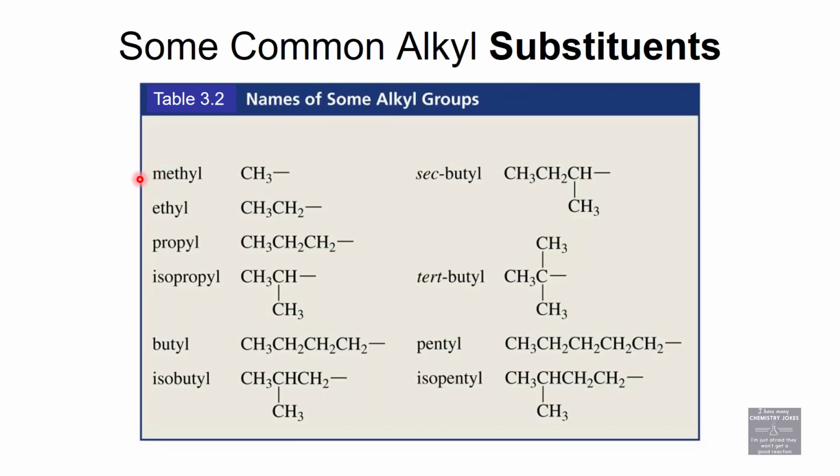Some substituents are more clear in their naming, like methyl, ethyl, propyl, but some have branch names that give funny names. This iso, as we just discussed, is part of common nomenclature, but sometimes you will see names like isopropyl appear in IUPAC nomenclature. Let's discuss a little bit further.